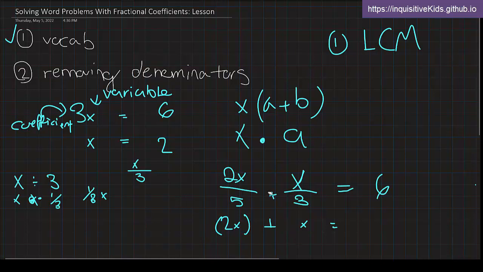We multiply 15 to each of these terms, right? 15 times 2x over 5: the 5 gets canceled out, so it's just 3 times 2x. 15 times x over 3: the 3 gets canceled out, and 15 becomes a 5, so 5x. We also have to multiply 15 to the right side, which is 6. So 6 times 15 is 75. There we have it. We don't have any denominators, and we can solve for x.